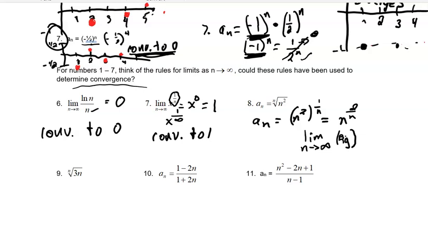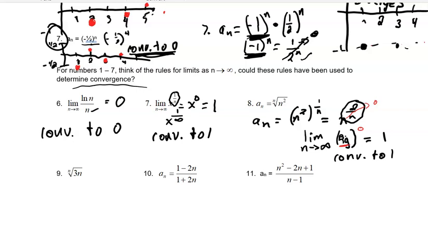So 10, 100,000, million, 2 million, 1 billion, so on and so forth. However, what we would have happening in our numerator here is as our n is getting larger and larger, the exponent here should be going to 0. So despite this getting huge on the inside, the fact that your exponent becomes a 0 would still tell us that our limit is a 1. So this would converge to 1.